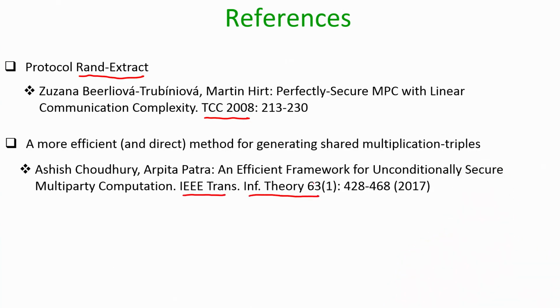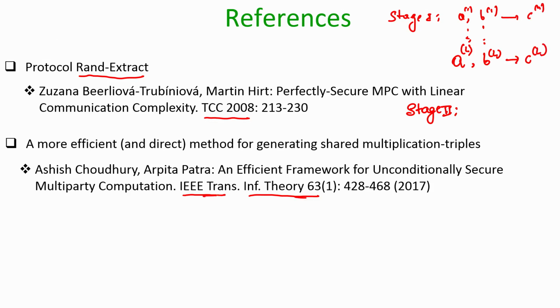On a very high level, what we do in this work is the following. If you consider the pre-processing phase protocol that we have discussed, we are following a two stage approach. Stage 1, we first generate the A components and the B components in a secret shared fashion. Then in stage 2 we are basically computing the C components.